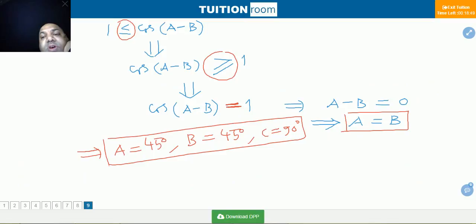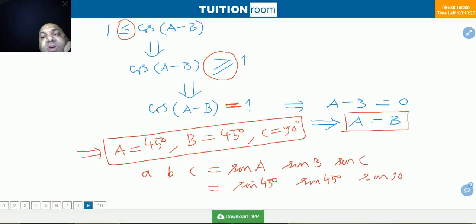Now the ratio will be a is to b is to c, we know the formula for the ratio: sin A is to sin B is to sin C, that is sin 45 degrees is to sin 45 degrees is to sin of 90 degrees. What will it be? 1 upon root 2 is to 1 upon root 2 is to 1. Multiplying by root 2, we'll get a is to b is to c is equal to 1 is to 1 is to root 2.